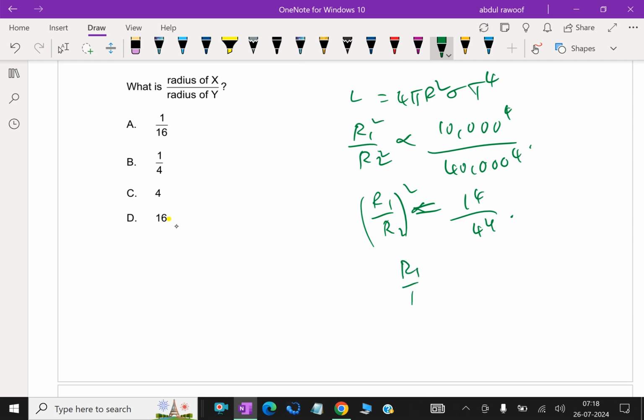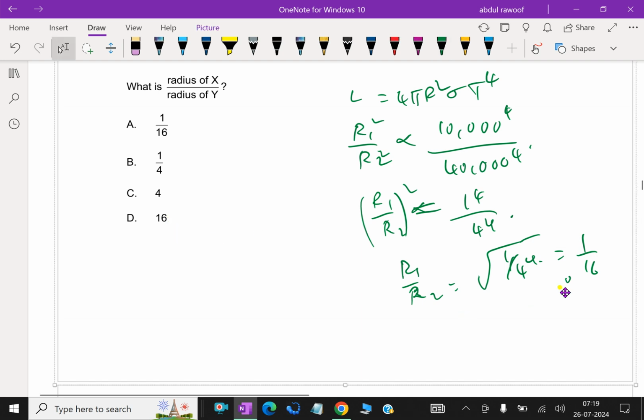Therefore R1 by R2 equals the square root of 1 by 4 power 4, which is equal to 1 by 16, because the square root of 4 power 4 is 4 squared, that is 1 over 16. Option A.